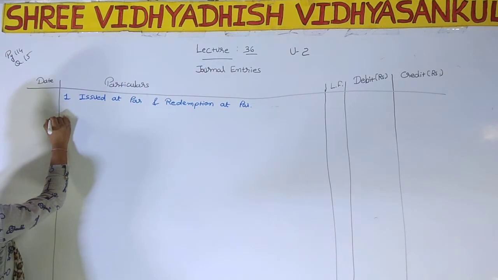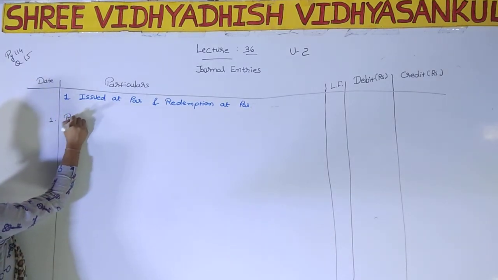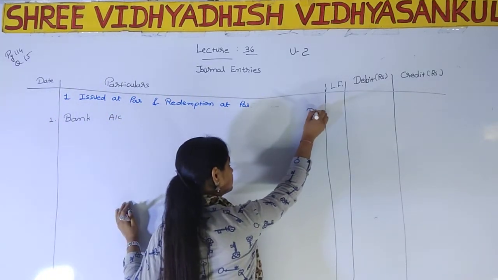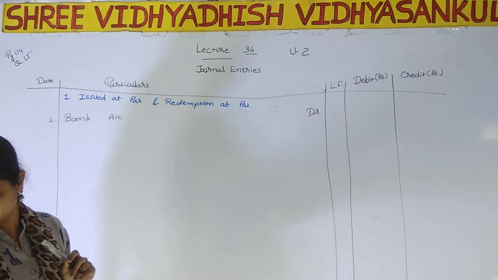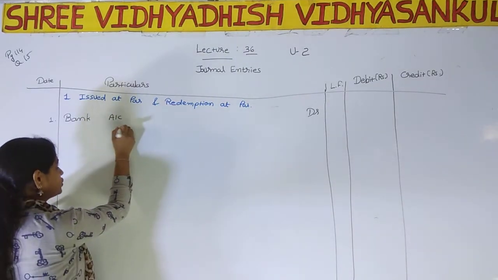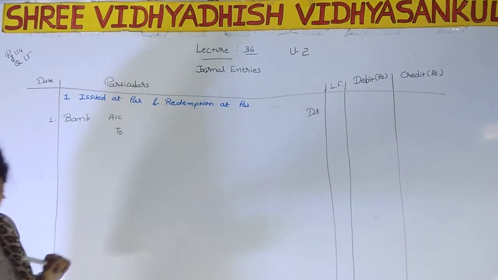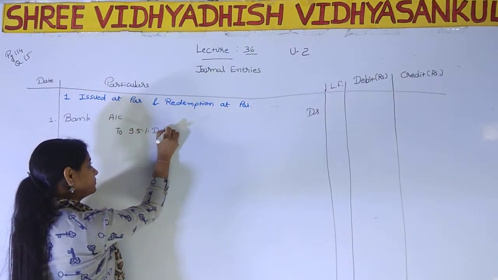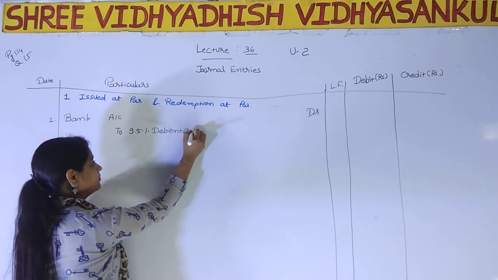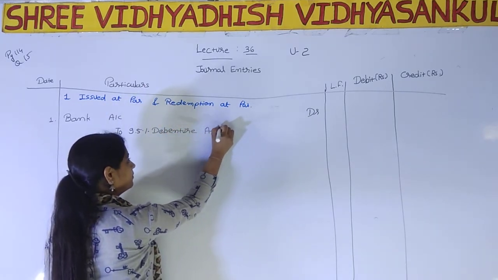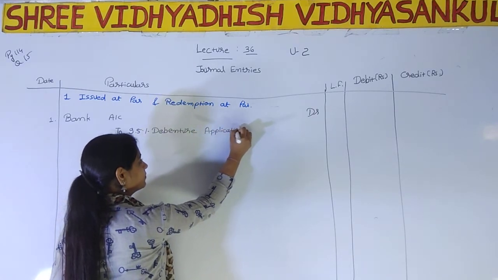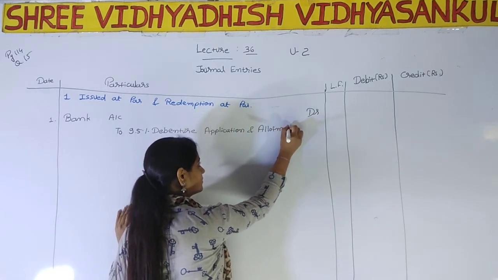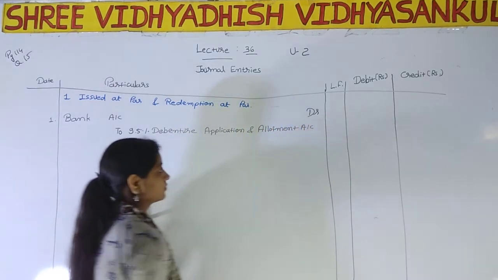So in the first, the journal entry will be bank account debit to 9.5% debenture application and allotment account, right?